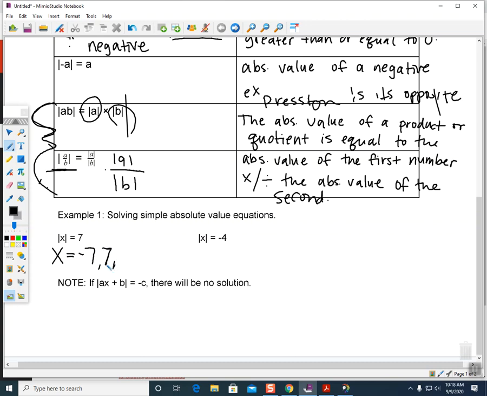Another way that I could write this is x equals plus or minus 7. This tells me that x can equal +7 or x can equal -7. Either option works.